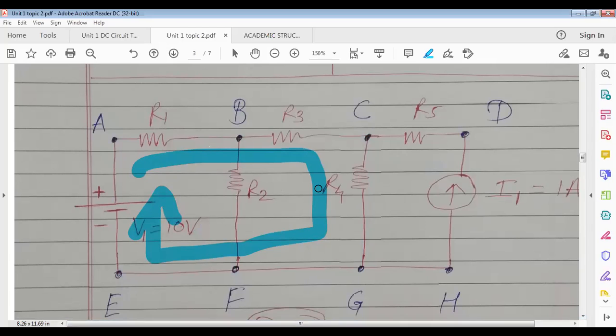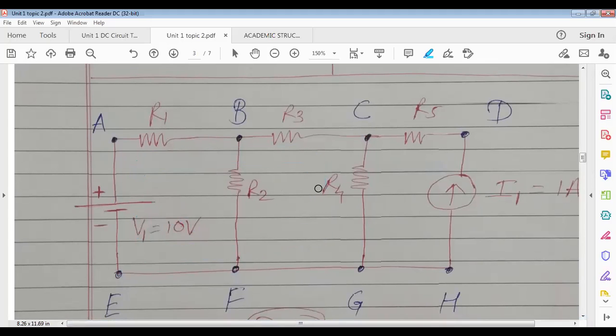Yes, 2 loops. So that is the difference between mesh and loop. Loop means any closed path. Doesn't matter whether smaller subloops are inside it or not. You can use the word loop anywhere.